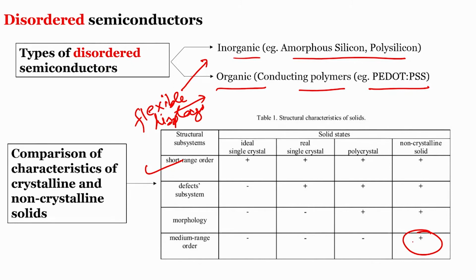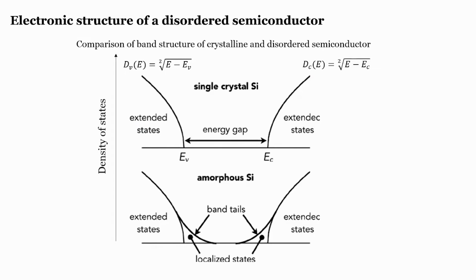Now these kinds of systems also translate into different kinds of band structure arrangement. This is what we studied last time. We studied how in single crystal silicon the band diagrams, the valence band and conduction band, are clearly separated, and in between there is something called the forbidden gap.